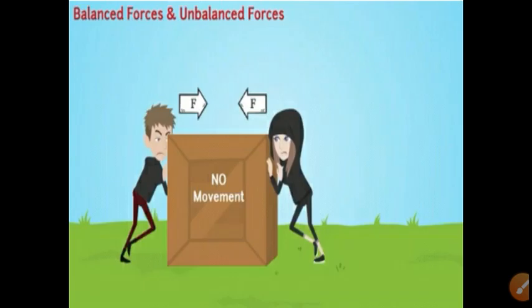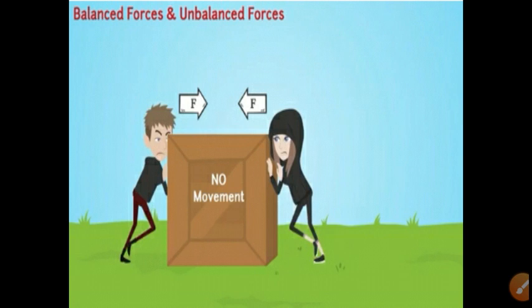Now let us see what are balanced forces and unbalanced forces. Here John is pushing the table towards the right. He is applying a force F, that is F Newton. You know the unit of force is Newton.